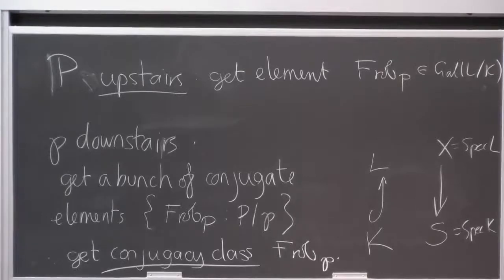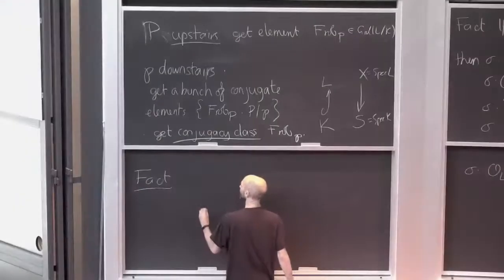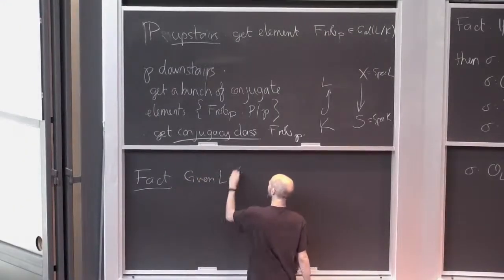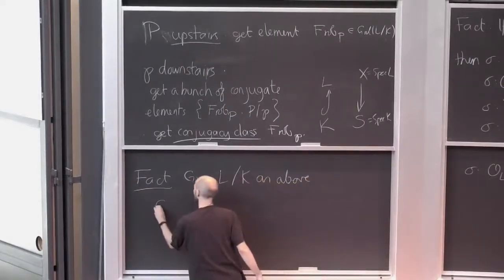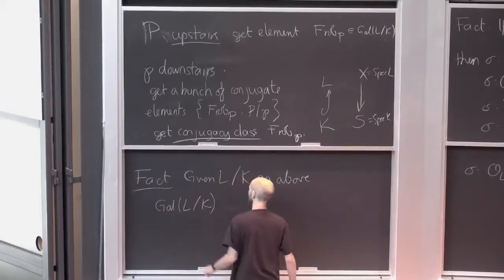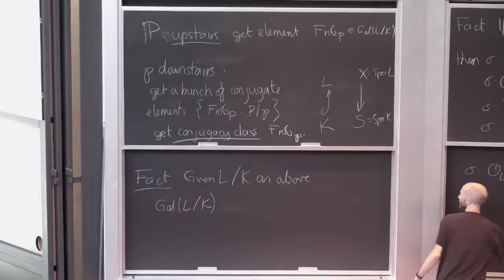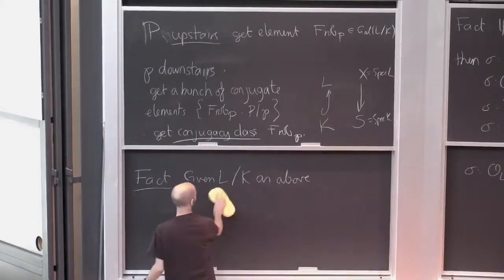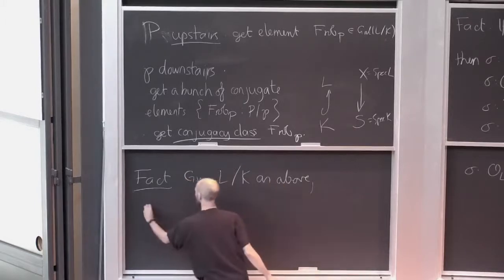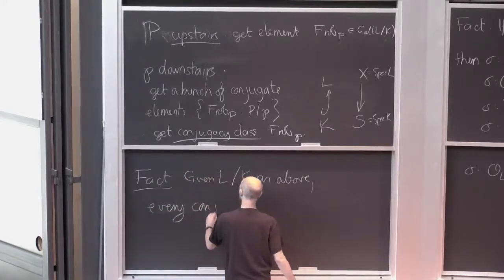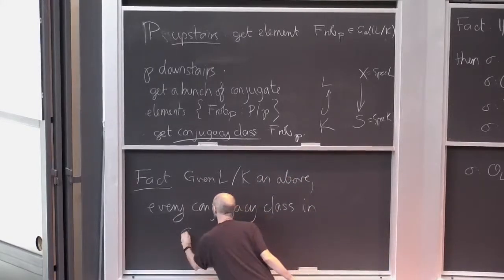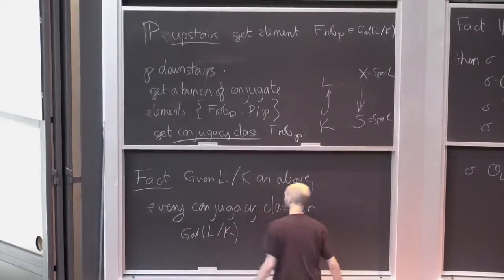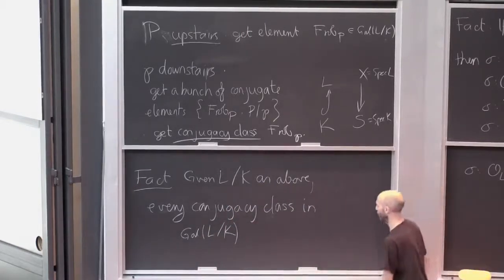So here's a fact. For a general finite Galois extension L over K, this is just an abstract Galois group, Gal(L/K). Given L over K as above, every conjugacy class in Gal(L/K) turns out to be named infinitely often.